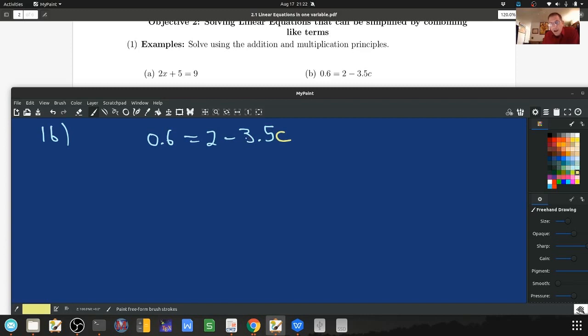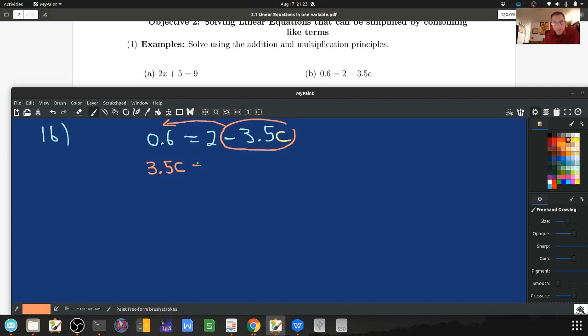3.5 is minus 3.5. That's the coefficient of my c. I myself personally like my coefficients to be positive. So I'm going to move this entire term to the other side. So I can do that. The price I pay is that it becomes positive.